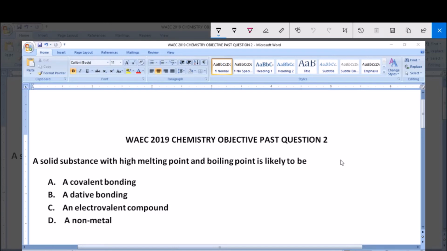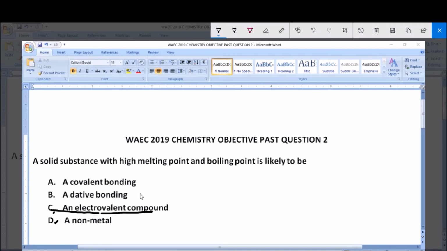So from the explanation I have just given, the answer to the question is C, which is electrovalent compound. I have earlier stated that electrovalent compounds have very strong electrovalent bonds among their constituent atoms.